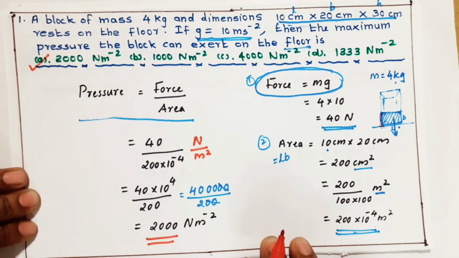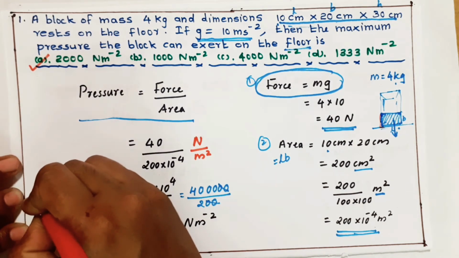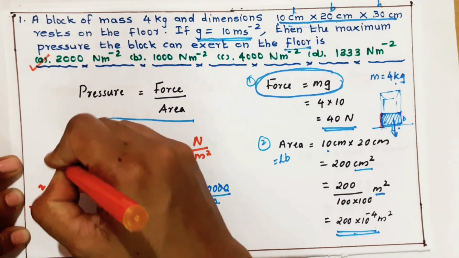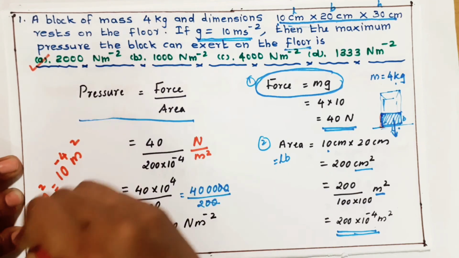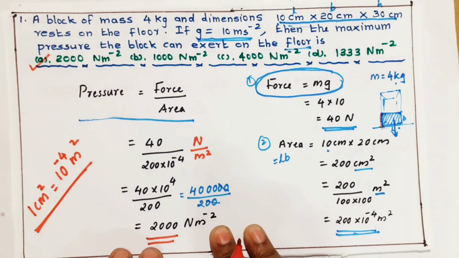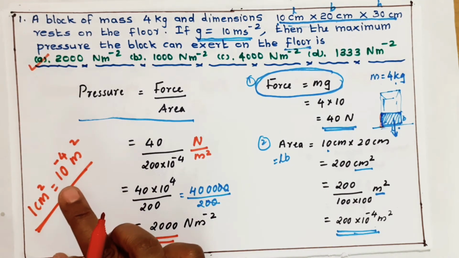Now I'll tell you a shortcut method to convert centimeter square. 1 centimeter square, if you want to convert to meter square, you just write it as into 10 power minus 4 meter square. That's all. So what is the meaning of 1 centimeter square? 10 power minus 4 meter square.